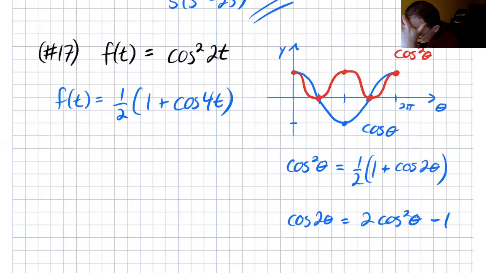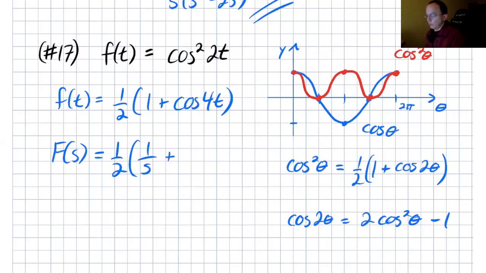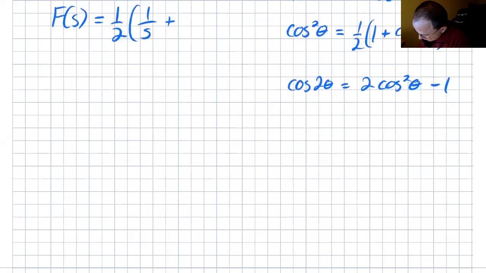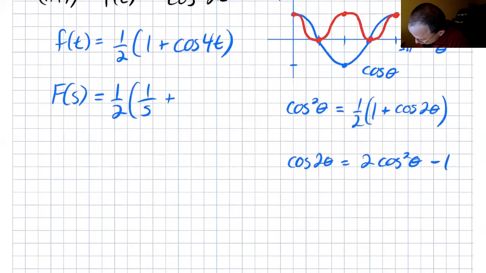So the Laplace transform is going to be 1/2 times the Laplace transform of the stuff on the inside. So the Laplace transform of 1 is 1 over s, and the Laplace transform of cosine 4t is s over s squared plus 16.